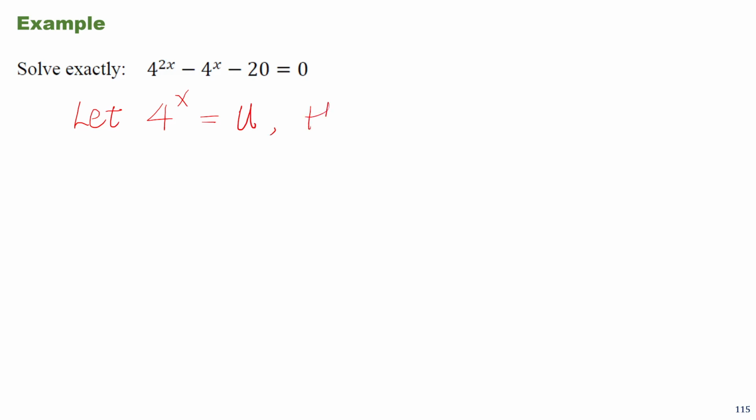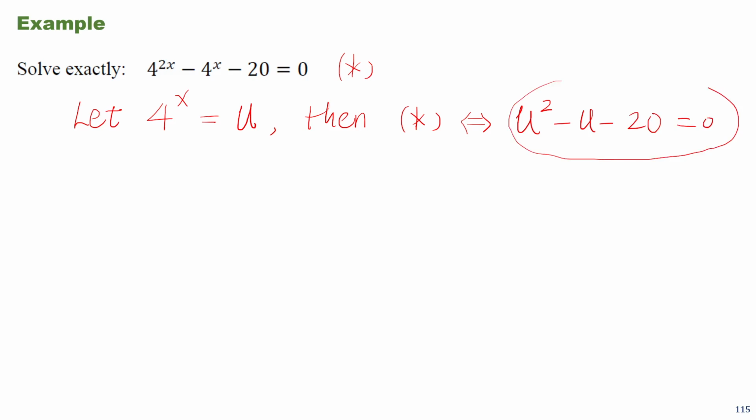So we could let, for example, 4 to the power of x equal a variable u. Then the original equation is equivalent to u squared minus u minus 20 equals 0. So that transforms the original equation to an equation you are familiar with, right?